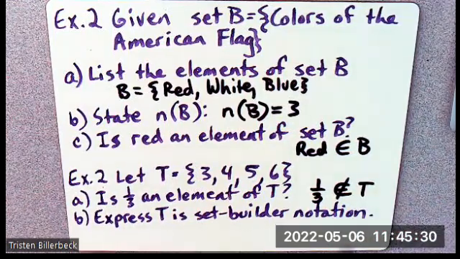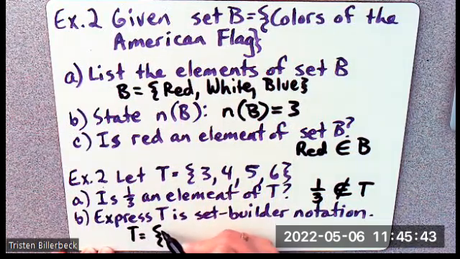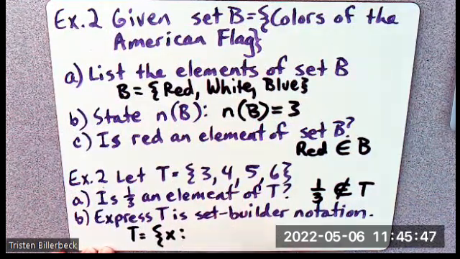Express T in set builder notation. So if we look at set builder notation, we have T equals, and then we write X, and they want to use the colon instead of the double parallel lines, which means such that. Both of these mean such that.